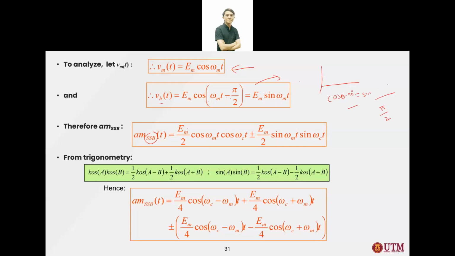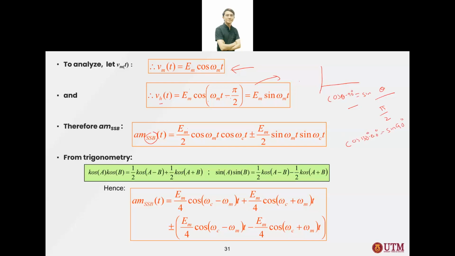Lambda over 2 equals theta. This one you can test yourself at home. Let's say cos 180 minus 90, you will get sine 90. But to cut it short, I just show you some ideas.